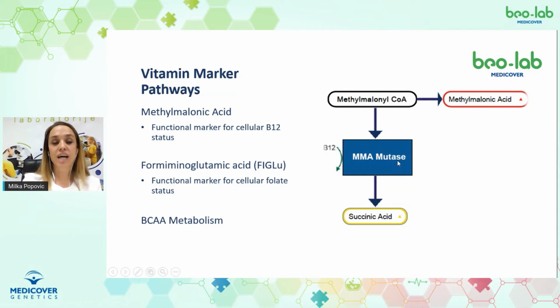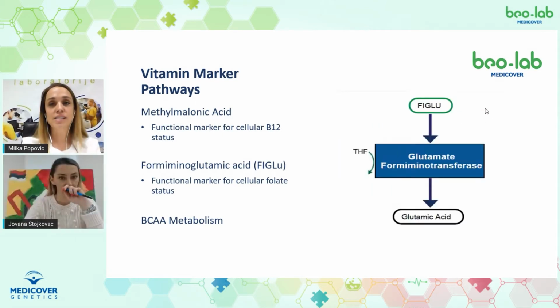This is done by the enzyme methylmalonyl mutase. And so if we do not have sufficient vitamin B12, the methylmalonyl coenzyme A will simply turn into methylmalonic acid, which means that we'll have a high presence of it in the urine.